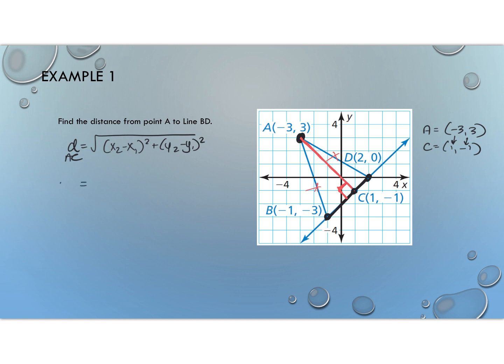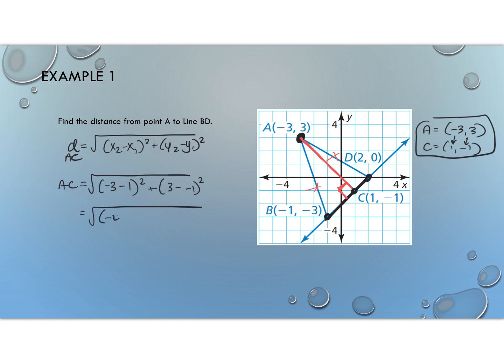So the length of AC is going to be the square root of the top x minus the bottom x, squared, plus the top y minus the bottom y, squared. And by top and bottom, I just mean top and bottom of how I wrote them. It's not about the picture. I wrote A, then I wrote C underneath, so it's going to be the top one minus the bottom one. So again, now it's just mathematics and making sure I don't make any computational errors.